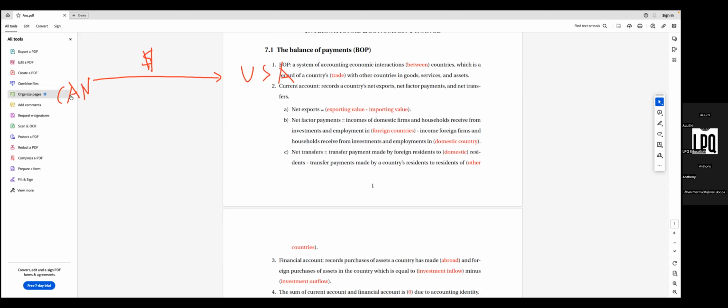Money is leaving from Canada, flowing to USA. For some other reason, if Americans deposit their money into a Canadian bank, money is flowing to Canada and leaving from USA.